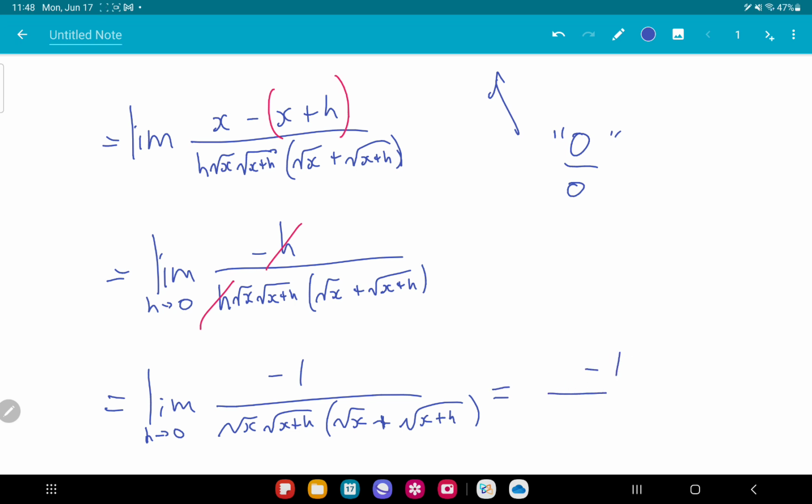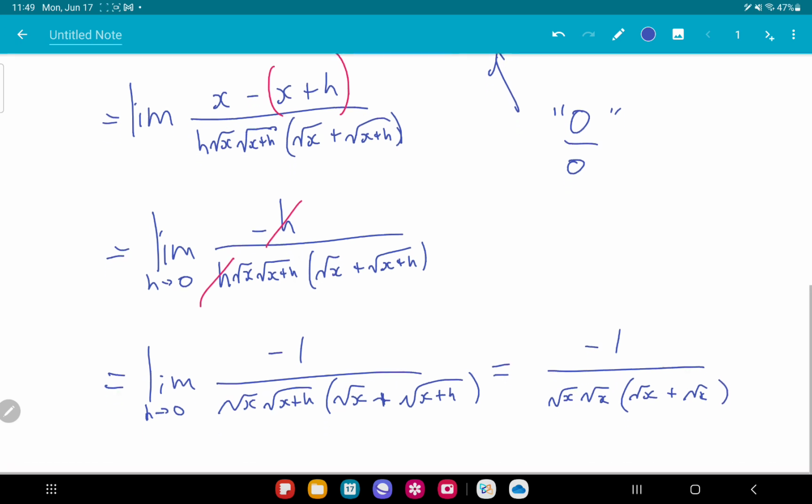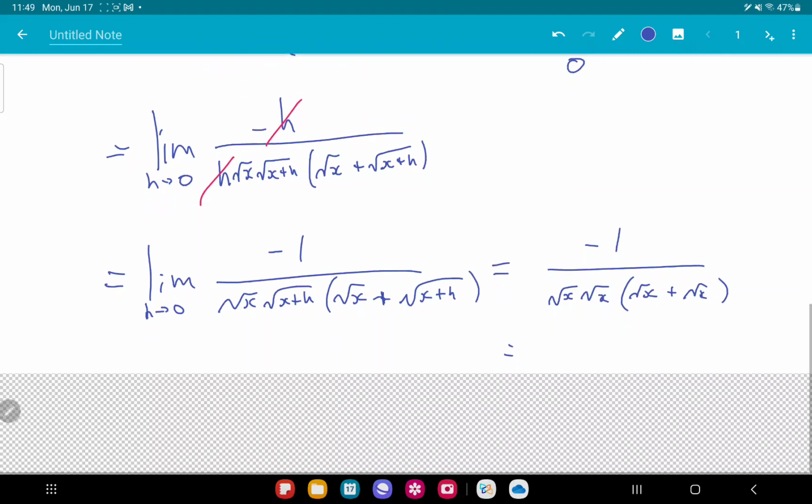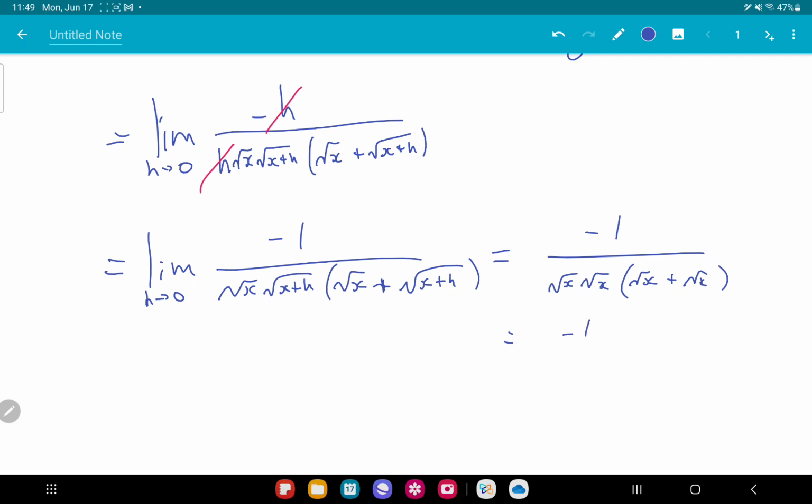Negative 1 over, what do we get? Root x plus root x, which is negative 1 over, that's just root x times root x, which is x.